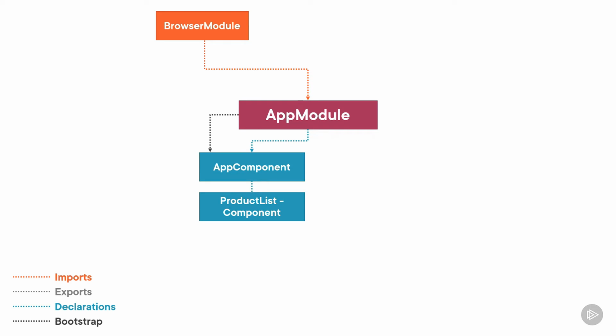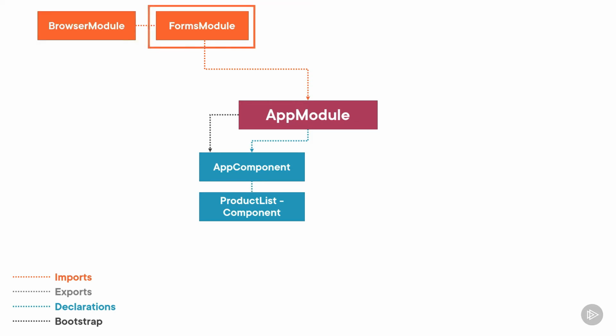Since the ngModel directive is most often used when building data entry forms, ngModel is part of Forms module, so we import that here. Now the ngModel directive, and any of the other Angular Forms directives, are visible to any component declared by app module, including our product list component. Now let's give this a try.